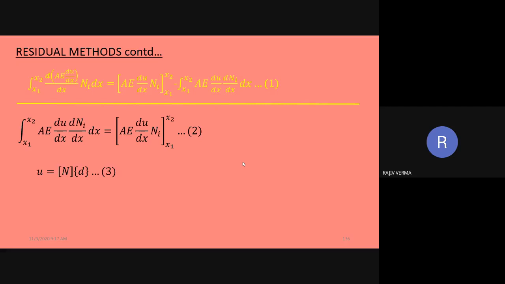This is the expression for the displacement field. N is the shape function matrix. D is the matrix representing the degrees of freedom. In fact, N is a row matrix, and D is a column matrix.